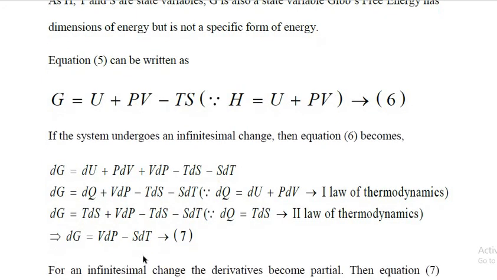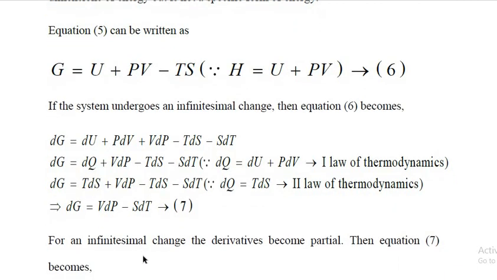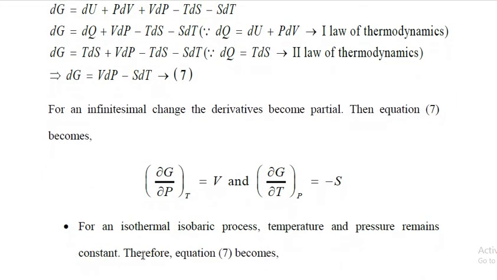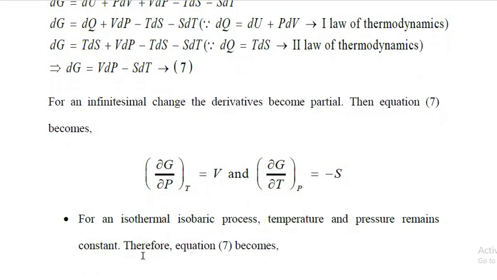Now for an infinitesimal change, the derivatives become partial. Therefore equation 7 becomes, as usual, you keep the variables constant. So first you keep T as constant. When T is constant, the second term becomes 0.